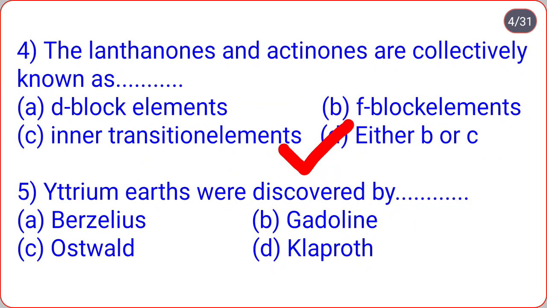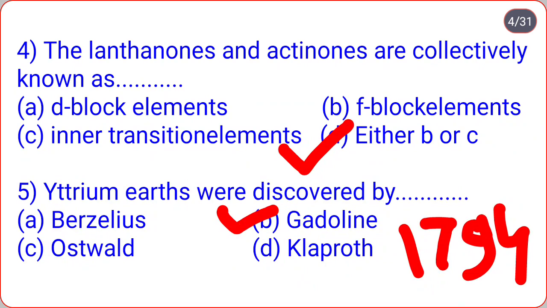Yttrium earths were discovered by, options are Berzelius, Gadolin, Oswald, Klaproth. So the correct option is B, that is Gadolin, who discovered the yttrium earths in 1794.